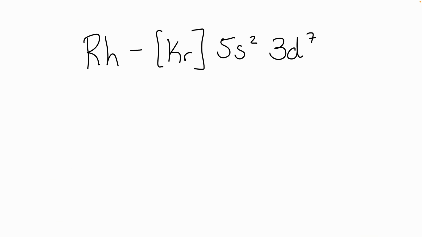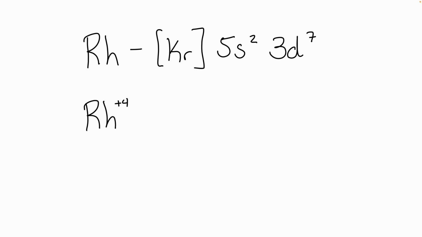So then everybody's going to take a second and tell me what the electron configuration would be for the rhodium-4 ion. Oh, I'm sorry, 5s2 4d7. Duh.